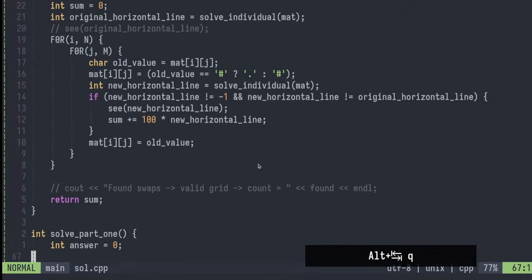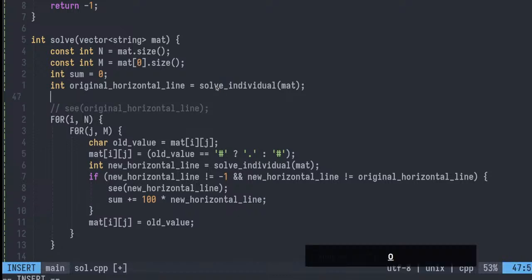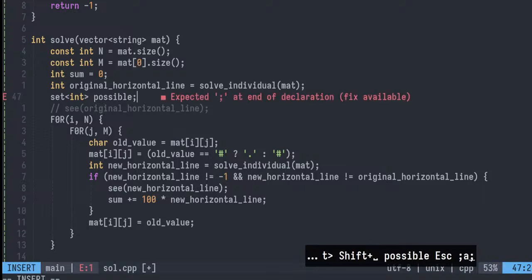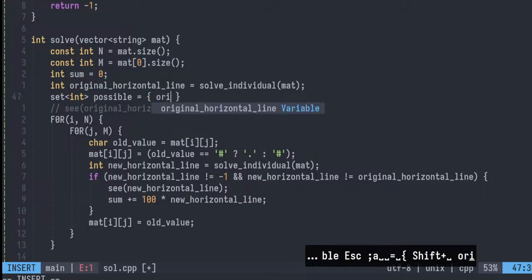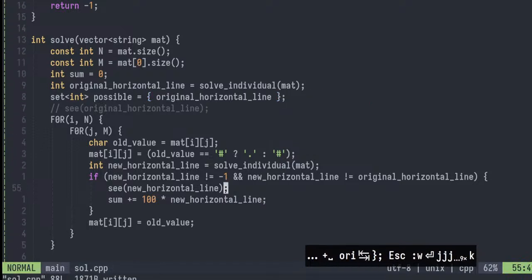let's try to do one thing. For all of them, let's say we find out this set of possibilities of those values, right? So first this would be this, and I will keep on adding it.